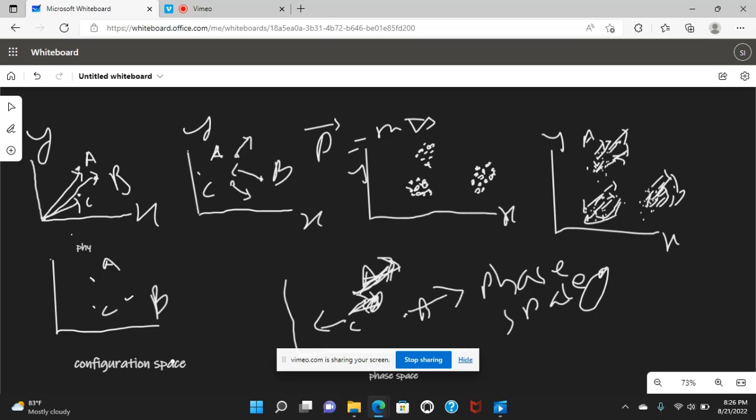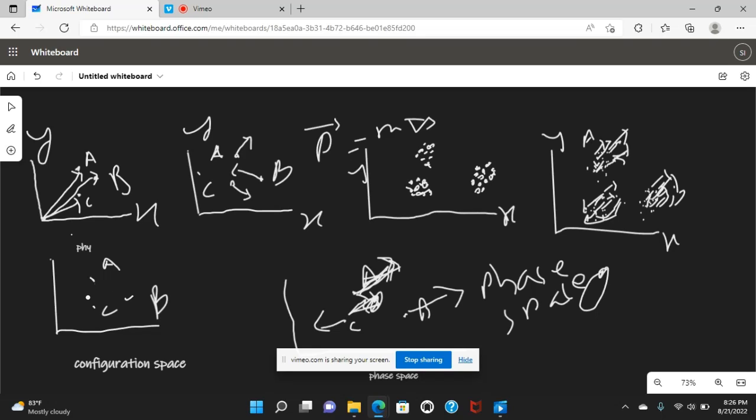In physical space, we can define objects easily if they are rigid, in a two-dimensional, three-dimensional, or four-dimensional plane. In the configuration space, if we have a bunch of objects, or if we want to take a system, which we can call system A, system B, system C, and do mathematics on these systems, it is easy to consider a configuration space, which is a higher dimensional space than this plane.